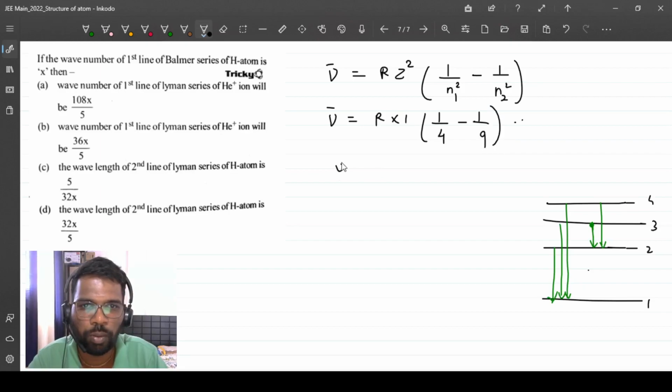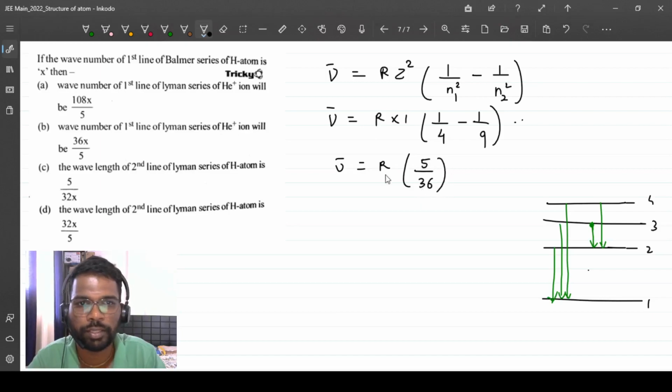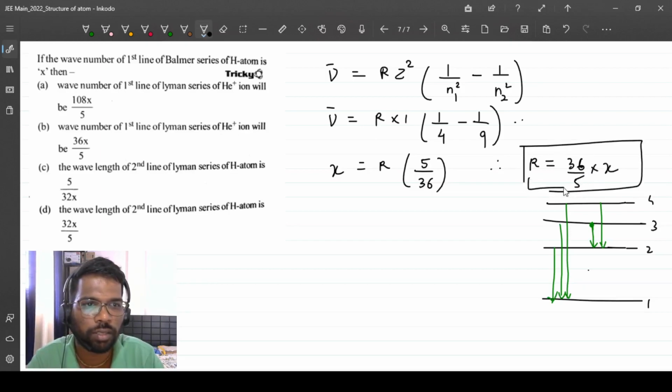So this wave number will be equal to R into 5 by 36. And what they have said is that this wave number is equal to X. Therefore, R will be equal to 36 by 5 into X. This is what my R is, right?